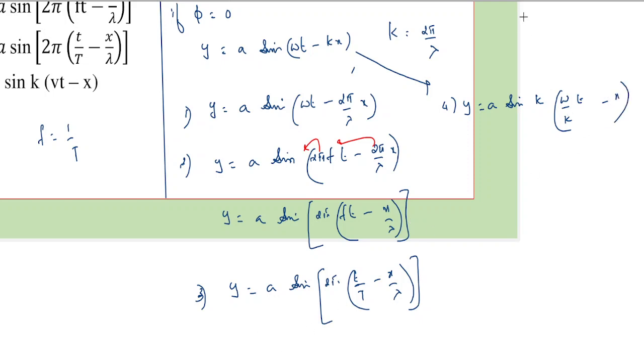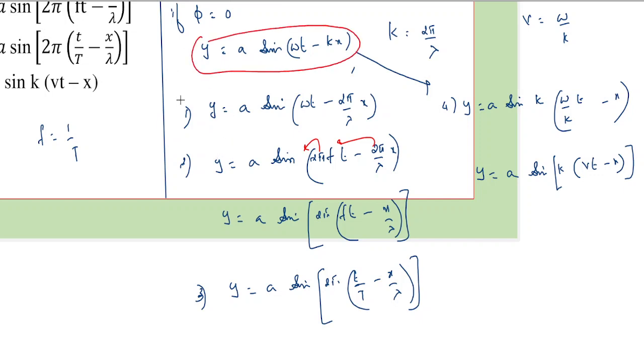But recall what v was. v was omega by k. Therefore y is equal to a into sine of k into vt minus x. So this is another form of the wave equation. Similarly, you can write it in many forms, but these four are the most basic forms of the wave equation. So remember this to solve numericals.